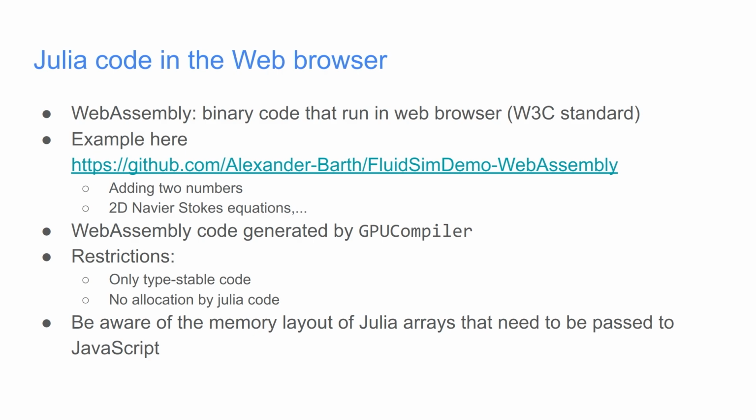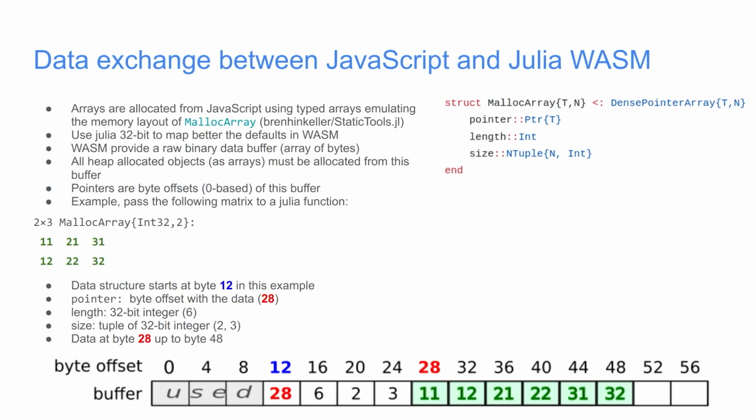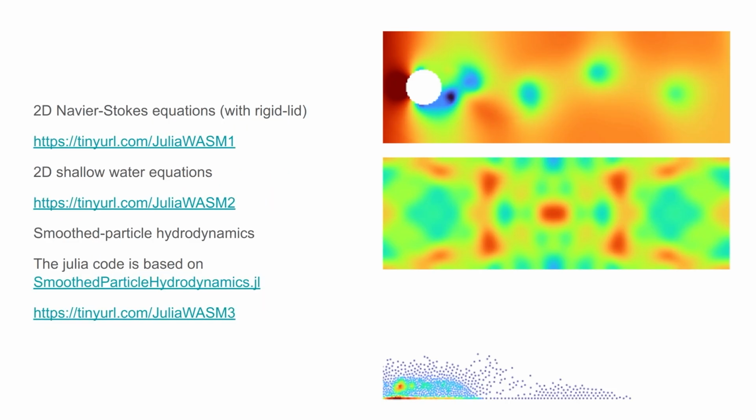And by looking at how arrays are stored in memory in Julia, you have to work around a bit how the things need to be laid out so that it can be accessed on the JavaScript side and the Julia side. But this is a bit technical, so I'm not using the default array type. I'm using the malloc array type from StaticTools, because there's a very simple memory layout that I can then emulate in JavaScript.